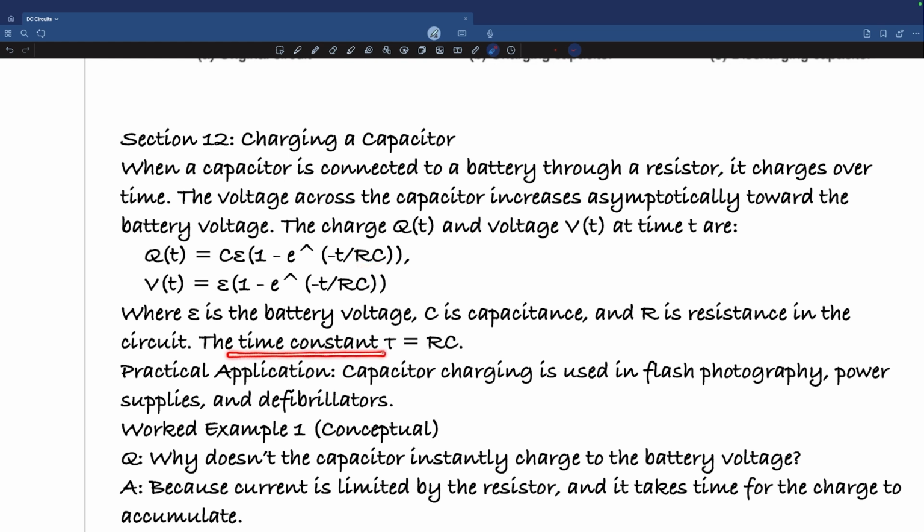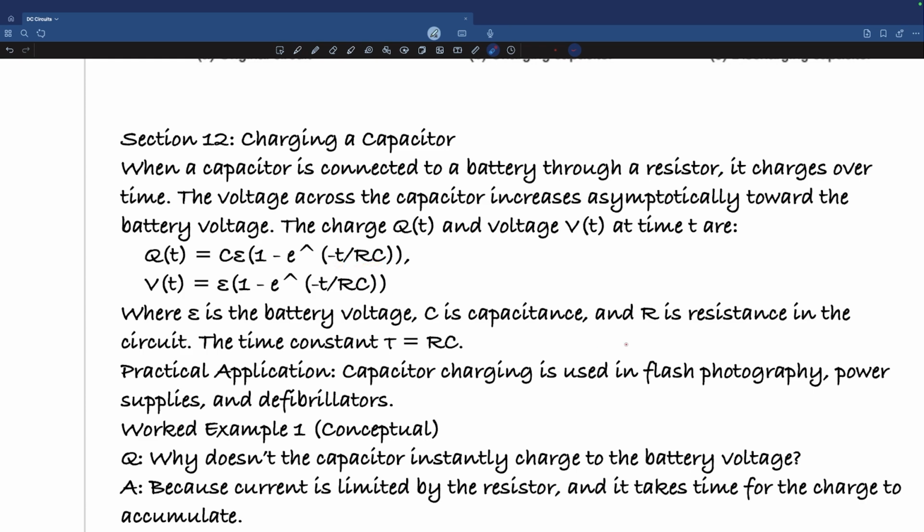Note that down. If you multiply the units of R and C, ohm and farad, and break them down, you're going to end up with seconds. Isn't that interesting? That's why it's called the time constant. It should be a time, because if you divide time by something, and you know that the exponential should just be a number, then these two should have the same unit.